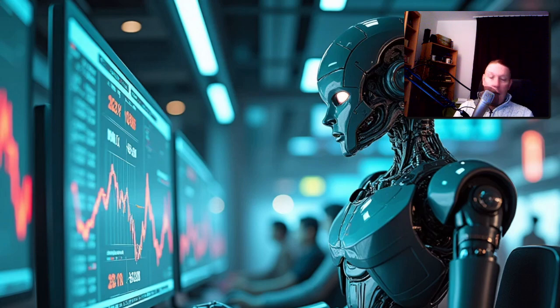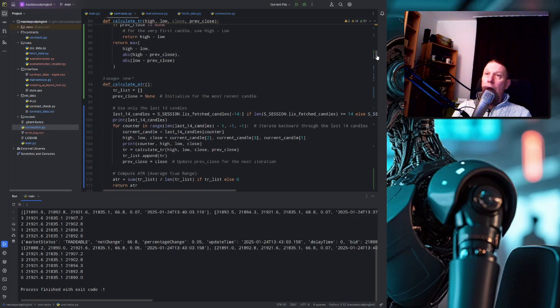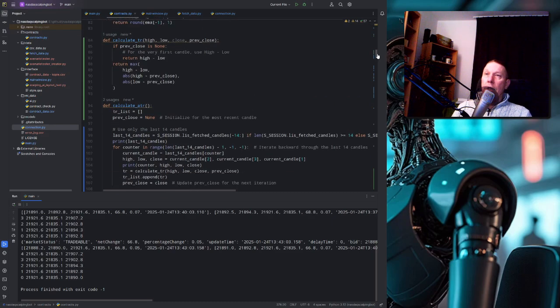And if we look at the code, you can see that I'm within the function called calculate ATR, and I tried to do some things in it today. What I did was calculate separately from the ATR the TR, the true range, using the high, low, close, and previous close values to calculate a separate TR for the ATR.